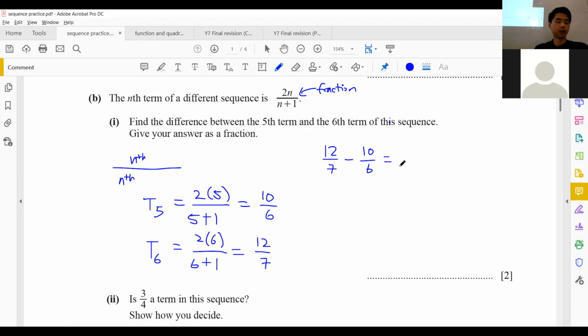You can type it into the calculator. I think I'll type it in the calculator also because I'm lazy to calculate.